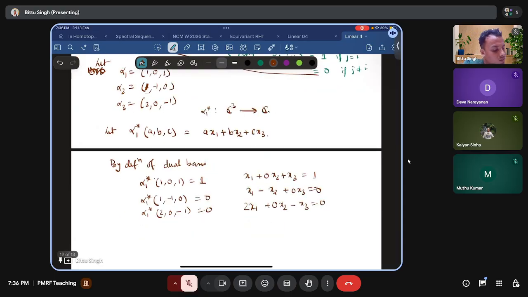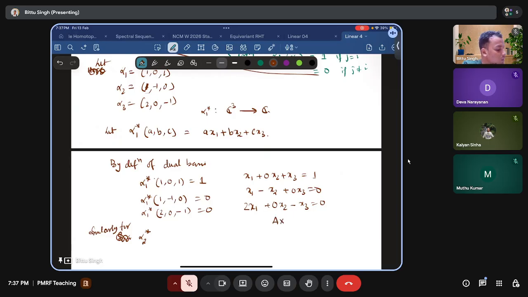So we need to solve this problem, that is, find x1, x2, x3 for which we get (1, 0, 0). Similarly for alpha 2 star, the equation will look like this, so let me denote it by ax.